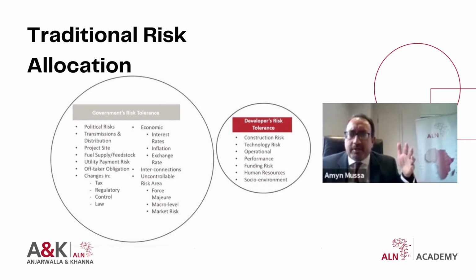My view is that in certain sectors where you are starting this process, if you think about the power sector 15 years ago, when this country was facing blackouts and there was a desperate need for private sector intervention to provide power plants so that we could supply the country with power, it was not unusual in those cases where there was no track record of what we call the IPP model, the independent power producer model, where there was no track record, and therefore government still took a fair amount of risk.